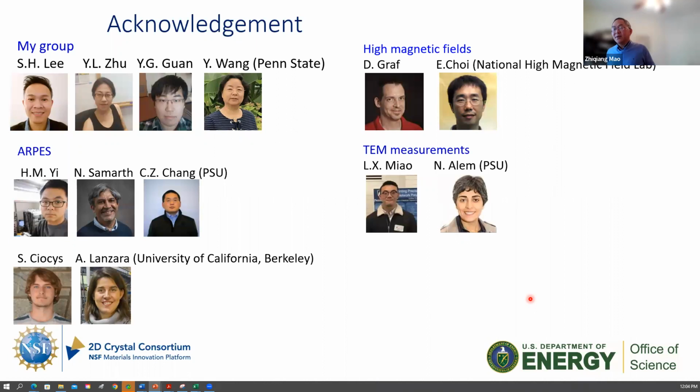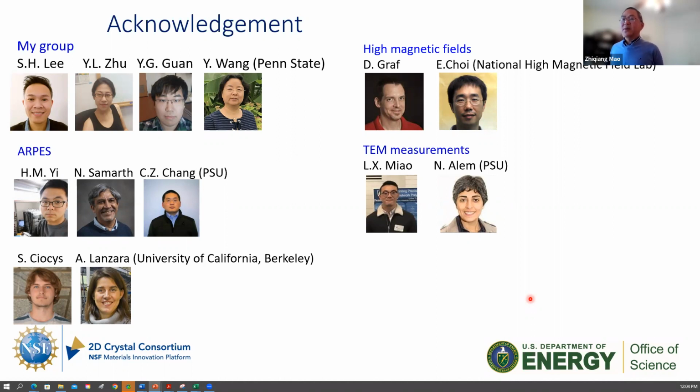Before I start, I want to thank my collaborators. Most of the work I'm going to show was done by San Li, Yanglin Zhu, who has already left, and my graduate student Yingdong Guan, and Yuan also made important contributions to some of the work. This work involves many collaborations.